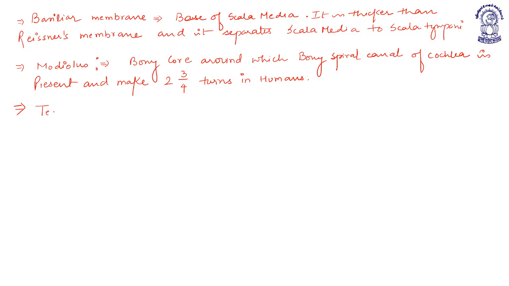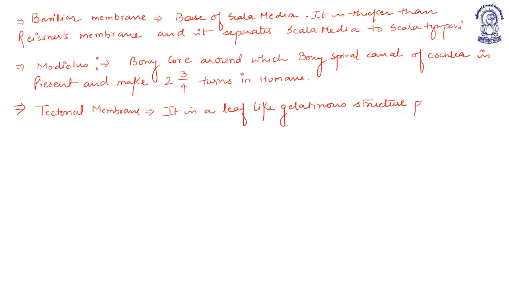Tectorial membrane. It is a leaf-like gelatinous structure present at the dorsal side of the organ of Corti.